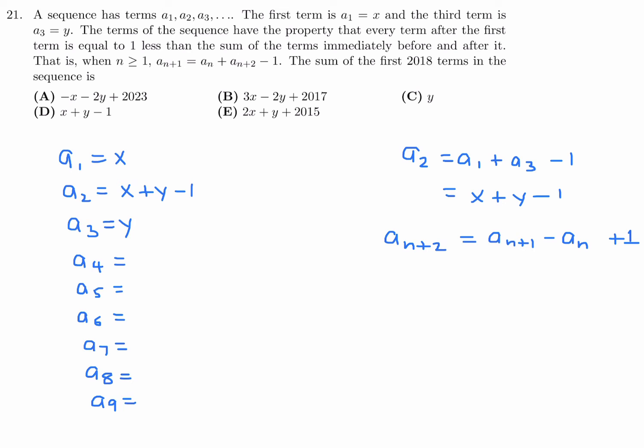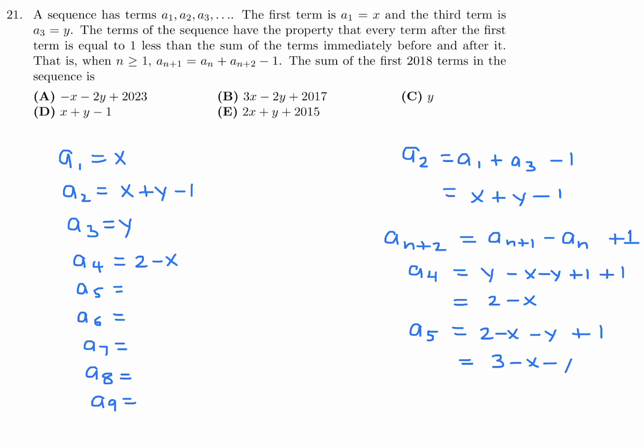Okay, so using that, a4 would be y minus x minus y plus 1 plus 1. So that is 2 minus x. Okay, so put that here, 2 minus x. a5 would be 2 minus x minus y plus 1. So that looks like 3 minus x minus y.